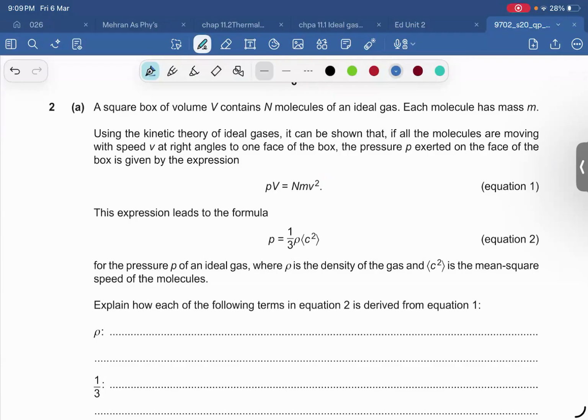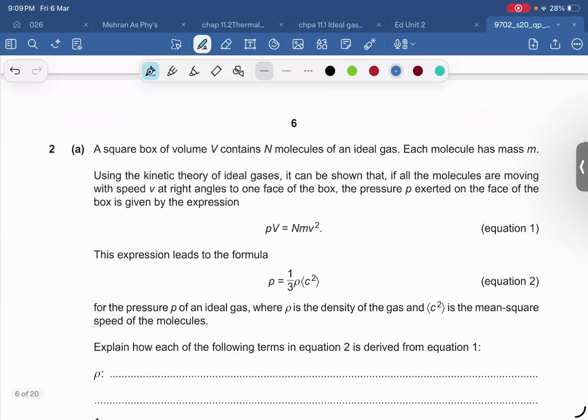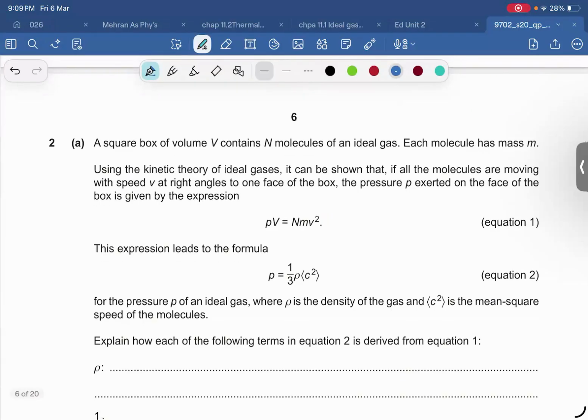It's saying that a square box of volume V contains N molecules of an ideal gas. Each molecule has a mass m. Using the kinetic theory of an ideal gas, it can be shown that if all the molecules are moving with a speed v at right angles to one of the faces of the box, the pressure P exerted on the face of the box is given by this expression.